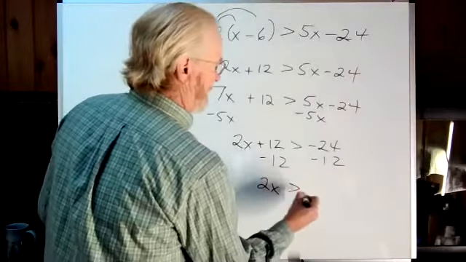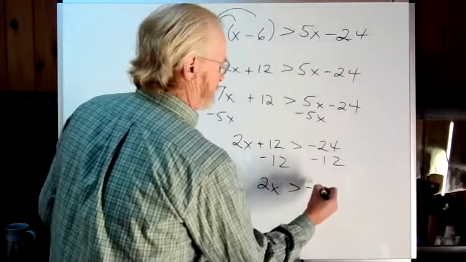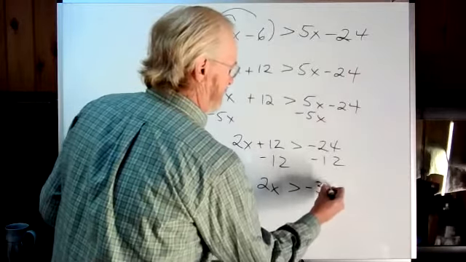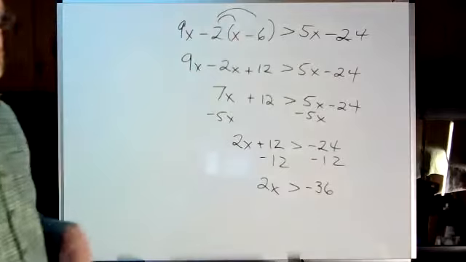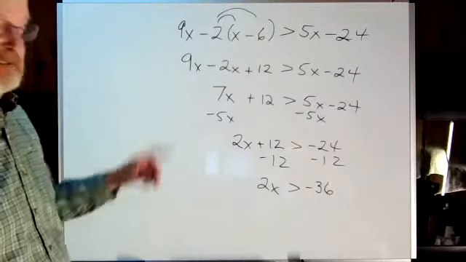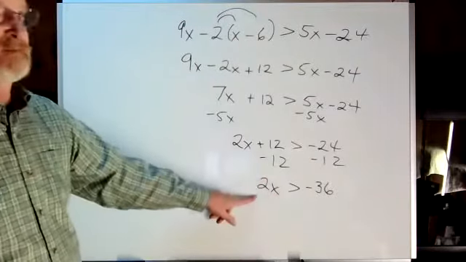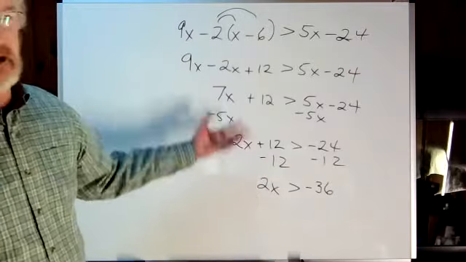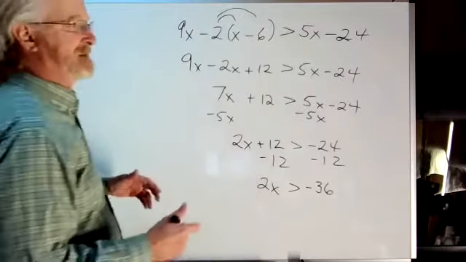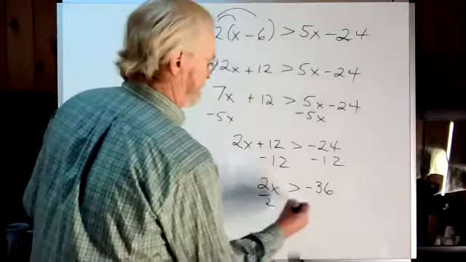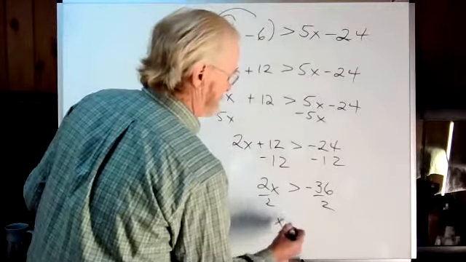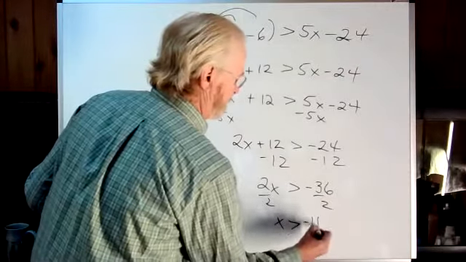Notice adding and subtracting, all the stuff I'm doing right now does not affect the direction of the inequality. I don't have to worry about it until I get down to this step. Oh, I have to divide, but I'm dividing by a positive number, so it doesn't change the direction. x should be greater than -18.